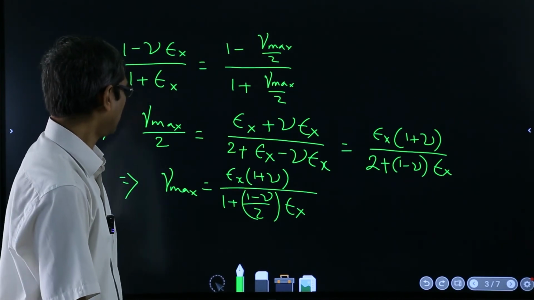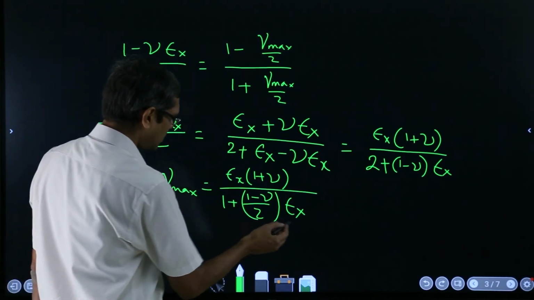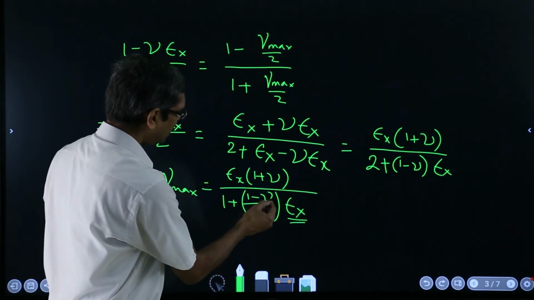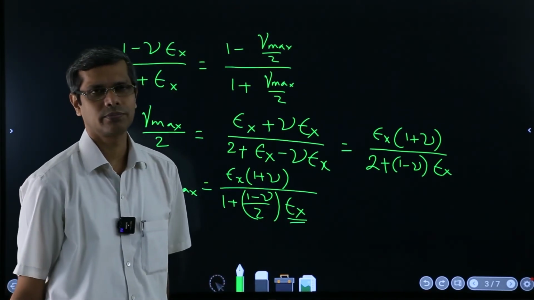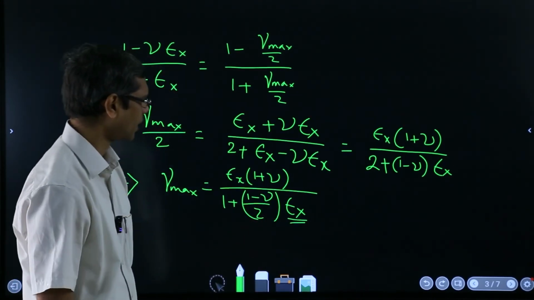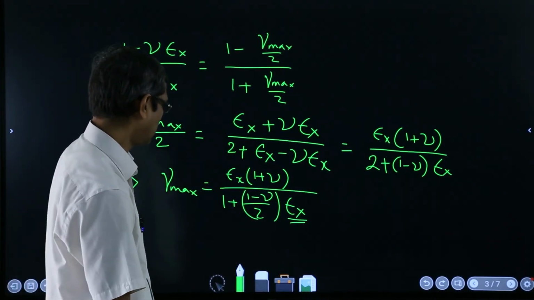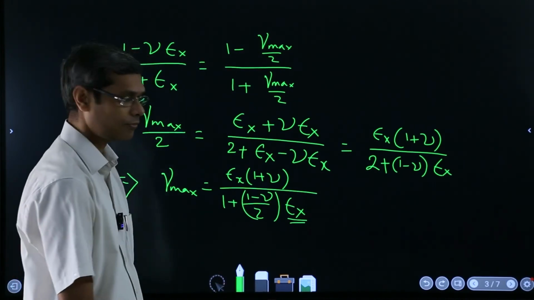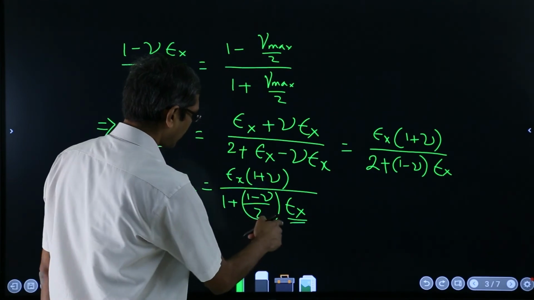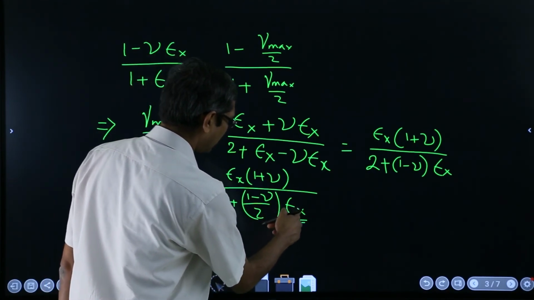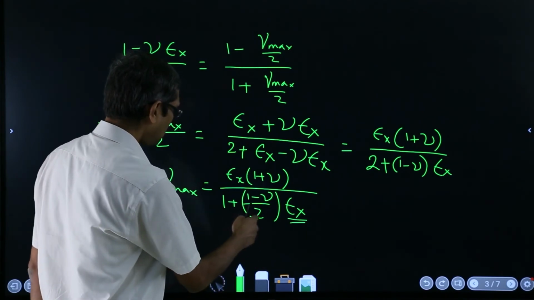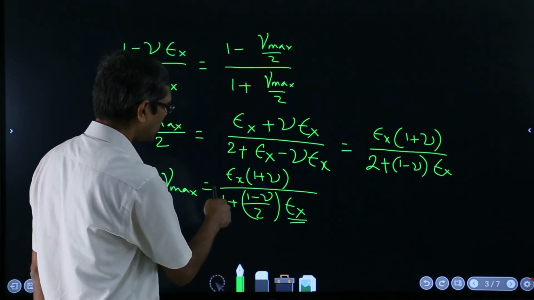But you see, this term epsilon x itself is small, and the nu value ranges from 0 to 0.5. So that means this value is always less than half, and a small value multiplied with 0.5 maximum will always be very small as compared to 1.